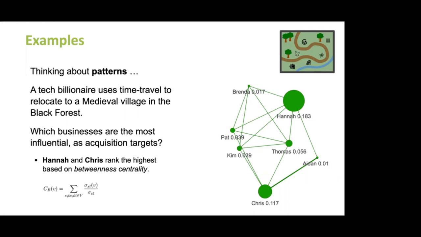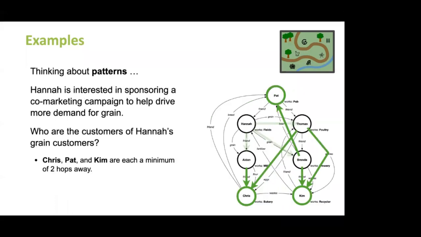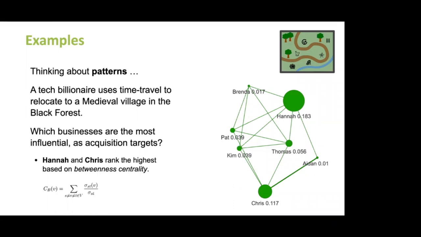So if we were to run a graph algorithm such as betweenness centrality, we can see from our graph back here that there are some businesses which are more connected, that have a lot more of a central role in the commerce of this village. Hannah has a centrality measure of 1.83. Chris has a centrality measure of 117. So we can start to do some ranking and start to figure out which are the real critical parts of this graph and this economy.